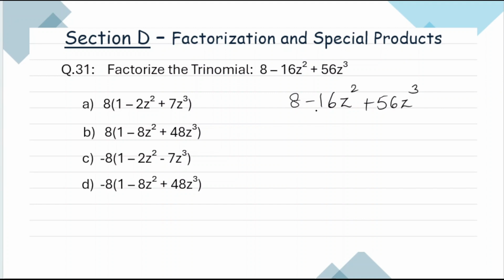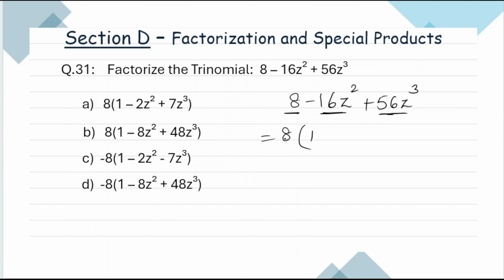Now, this polynomial can be factorized by taking out some common factors. From all the three terms, what is the common factor? What is that one number which is the common factor of all these numbers or variables? So if I take out 8 as the common factor outside, 8 multiplied by what number is 8? 1.